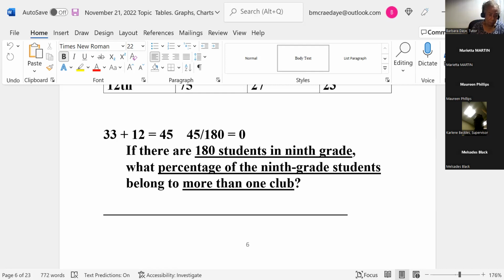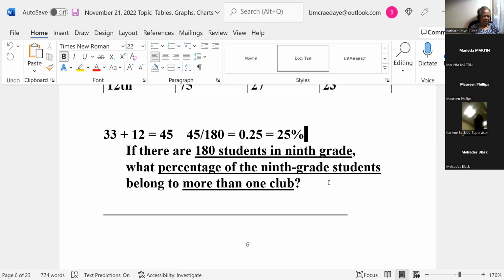You divide 45 by 180, right? Yeah, my calculator tells me. Oh, you put it in incorrectly. I do 45 divided by 180, enter, and I get 1.25. You put 45, division sign, 180, enter. And what did you get, Maureen?